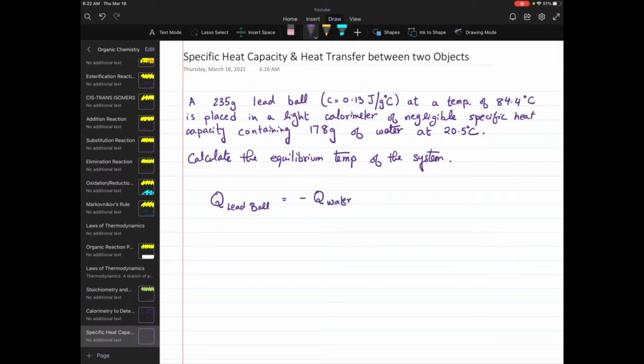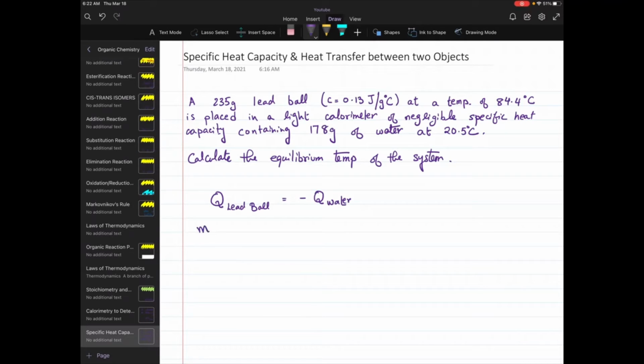Because one is losing and one is gaining, the lead ball's heat is the opposite of what is happening to the water, negative Q. Or you can say the heat of the water is the negative of the heat of the lead ball, which is Q. All right, so once we have that, we can write down our equation and solve right away. We don't have to do it in pieces, we can just do it together.